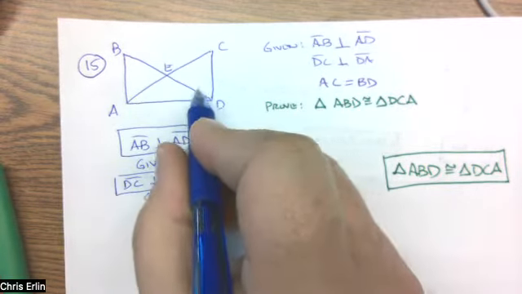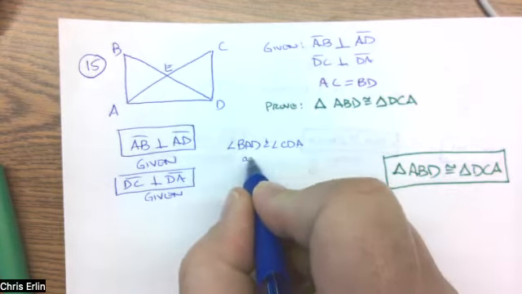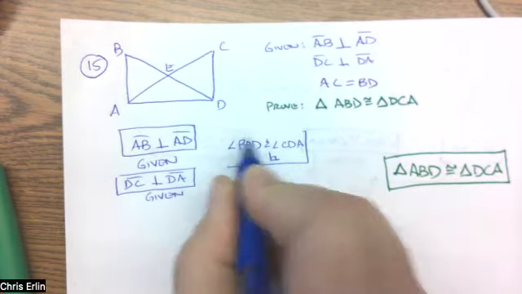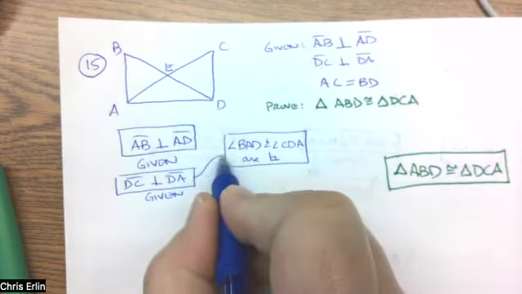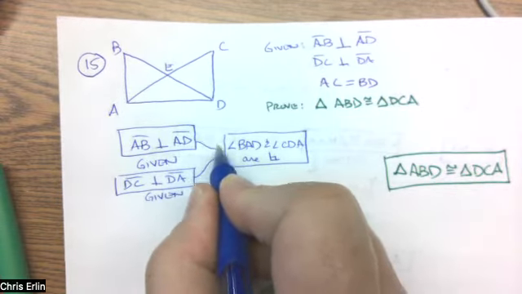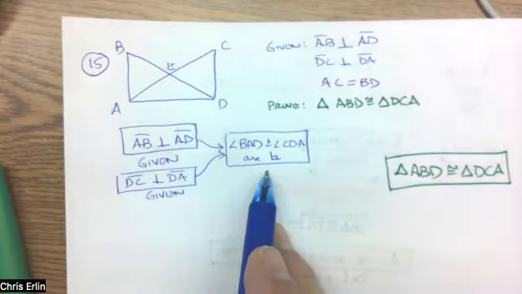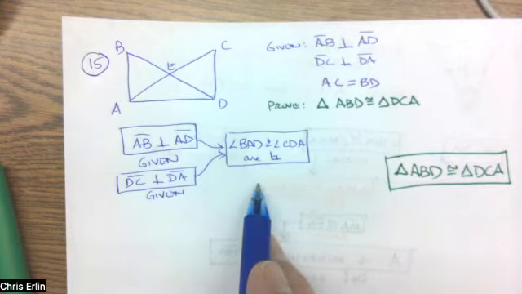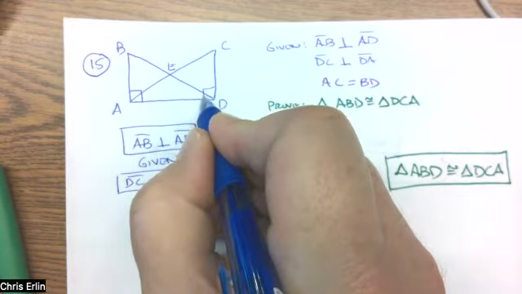And this one gives us angle CDA, are right angles. In other words, both of these things feed into our combining the information into this one statement. And what's my reason here? Why do I know that this must be a right angle and so must this?